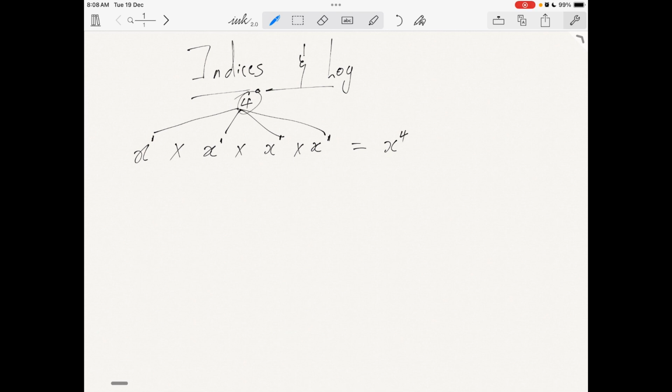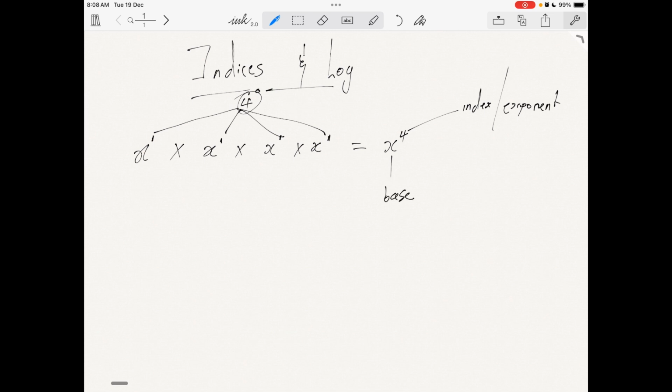So now if we have x raised to the power 4 here, we know that this 4 is known as the index or the exponent. This x is known as the base.